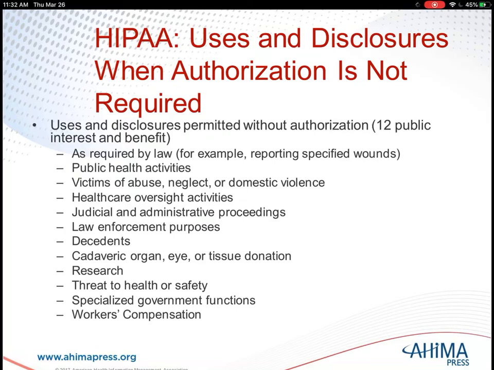And then the last one, to the law enforcement official in response to a medical emergency when the covered entity believes that disclosure is necessary to alert law enforcement to the commission and nature of a crime. Okay? All right, so that's how, with no authorization, we can give information to law enforcement.